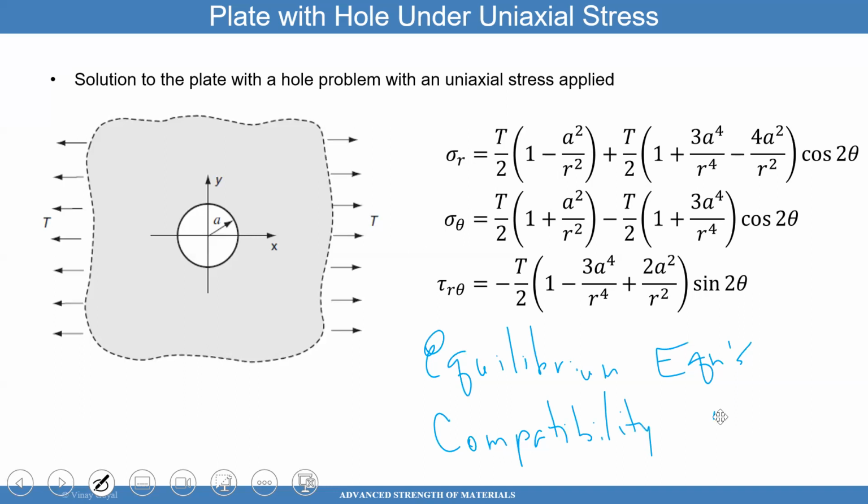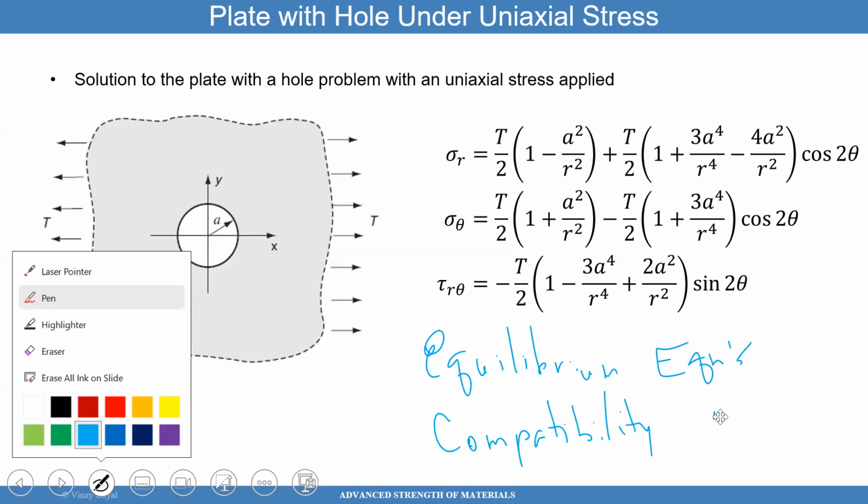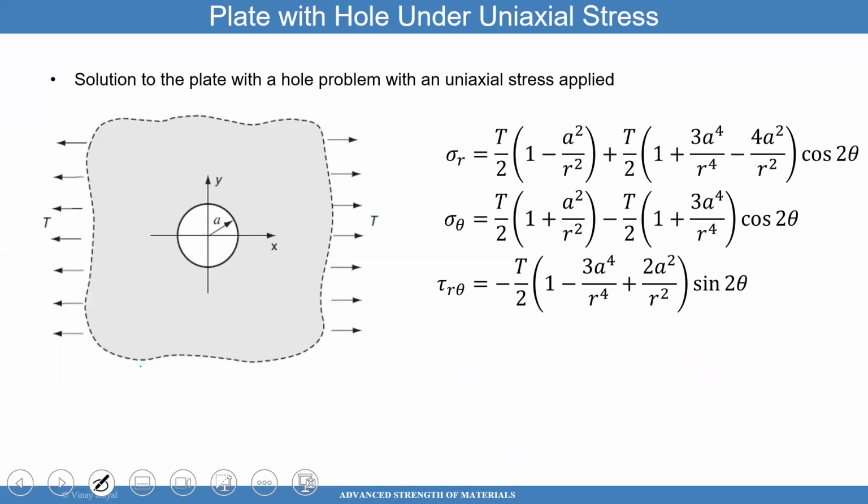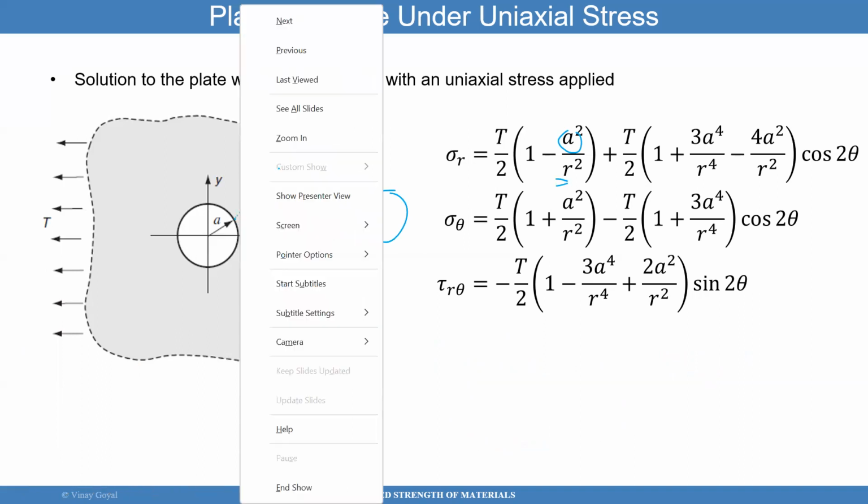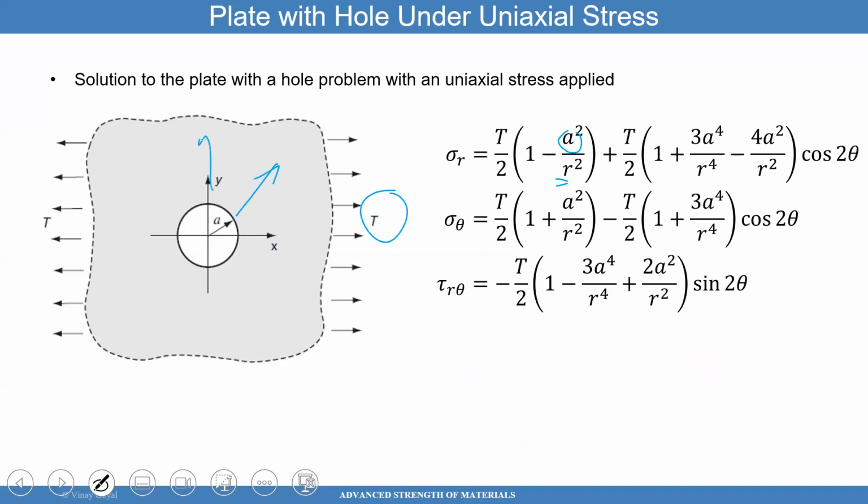And you can see that we've done something really cool, which is, if I know the radius a of that hole, and I know the far field stress T, I can then vary r from r equals a, and in any direction I can look at it, and I can tell you how the stress states change near the hole, which is incredible.